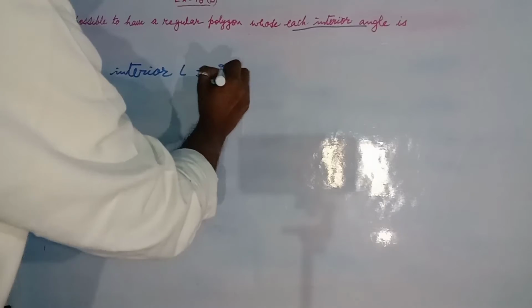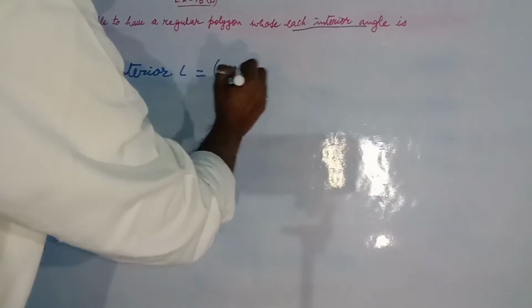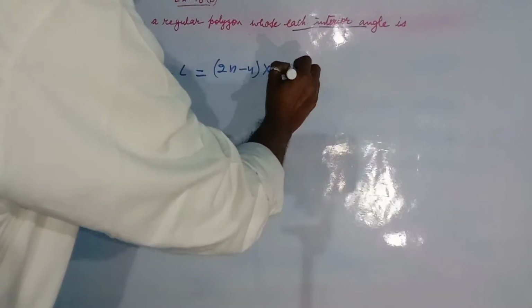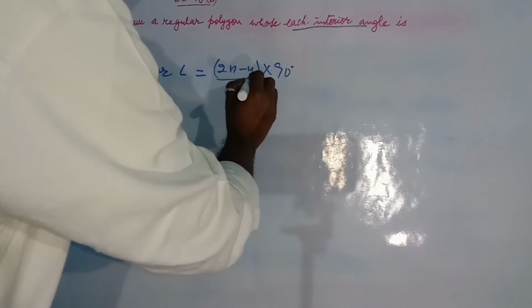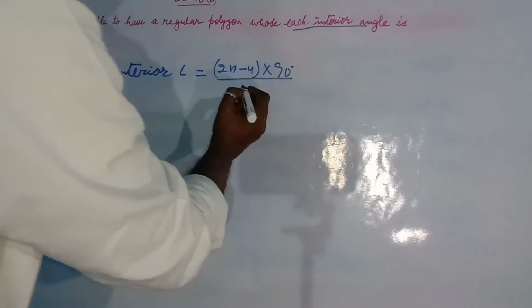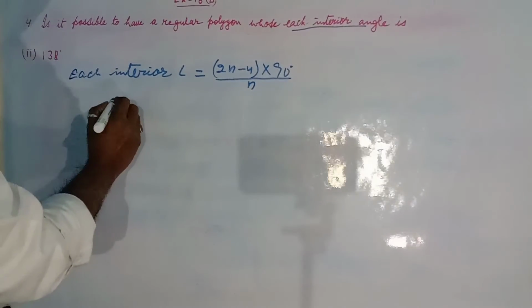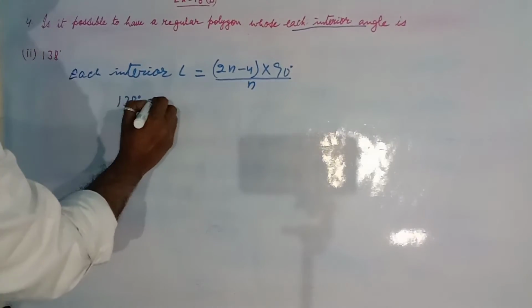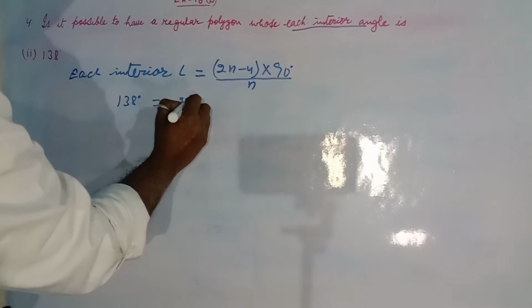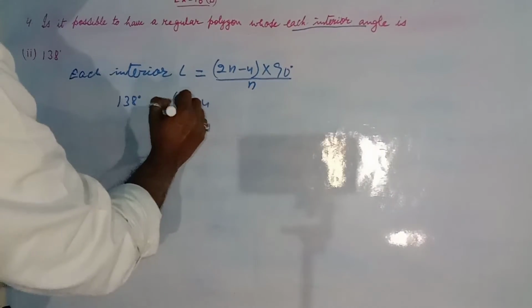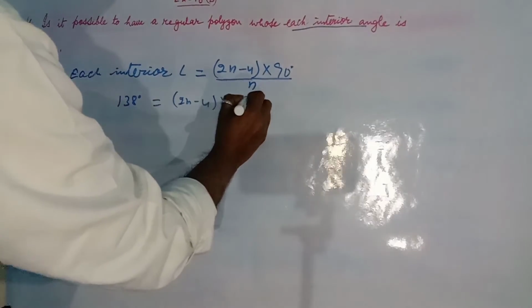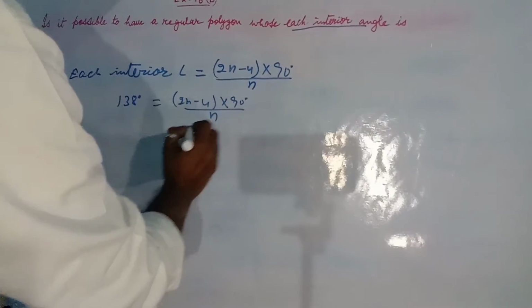Then there will be (2n minus 4) into 90 degrees, the sum of interior angles, divided by the number of sides, that is n. Here each interior angle is given as 138 degrees, so 138 equals (2n minus 4) into 90 degrees by n.